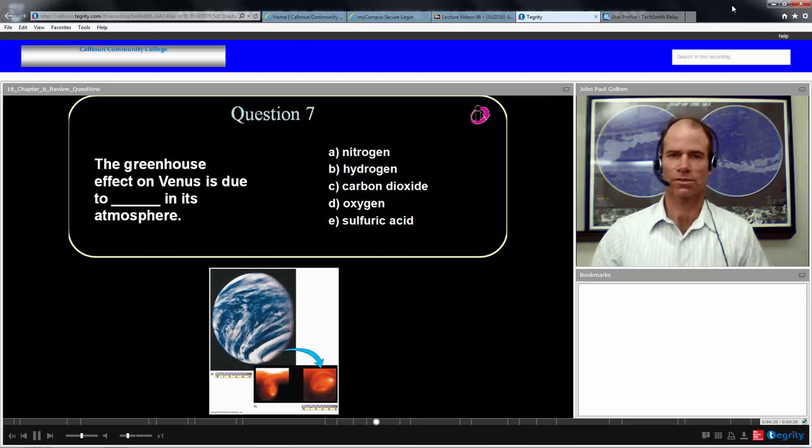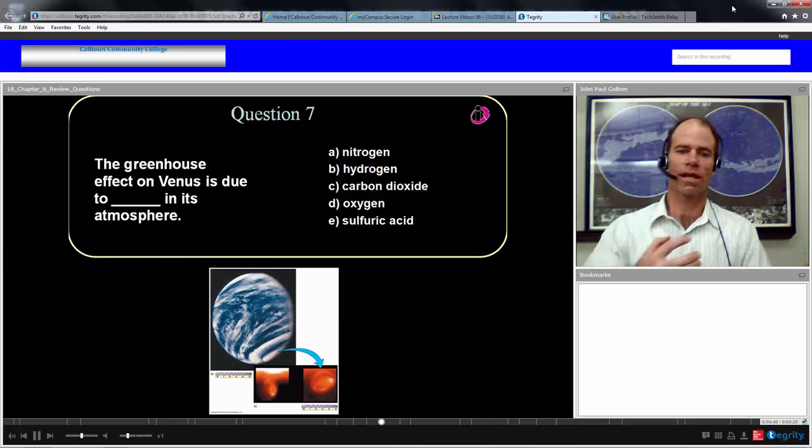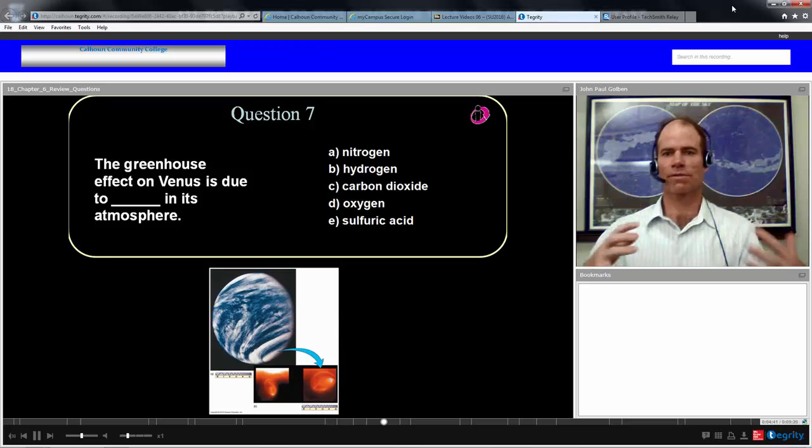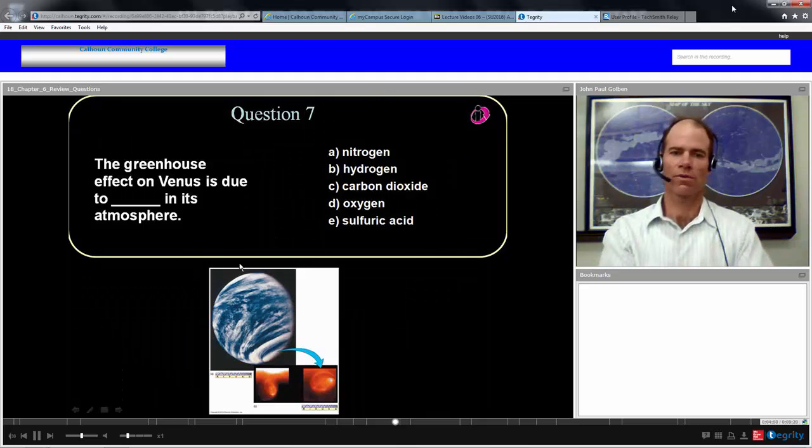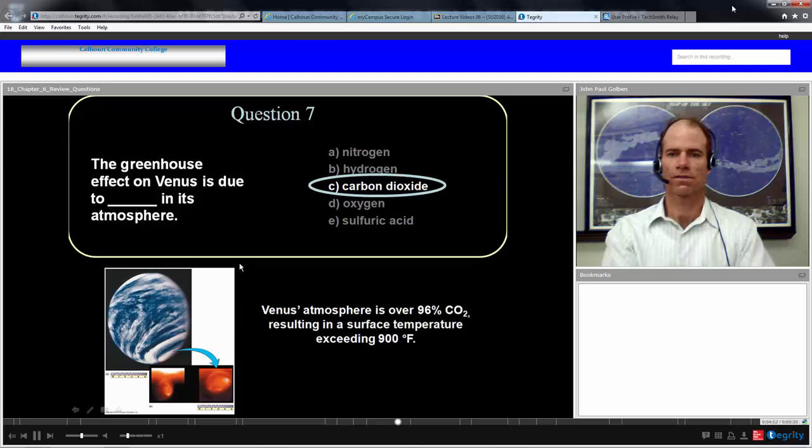Well, that's due to carbon dioxide, which traps infrared radiation. The radiation that comes into Venus gets trapped in there, causing it to be very hot, both day and night, on both sides of the globe, because it's distributed throughout that atmosphere. So that is carbon dioxide. 900 degrees Fahrenheit.